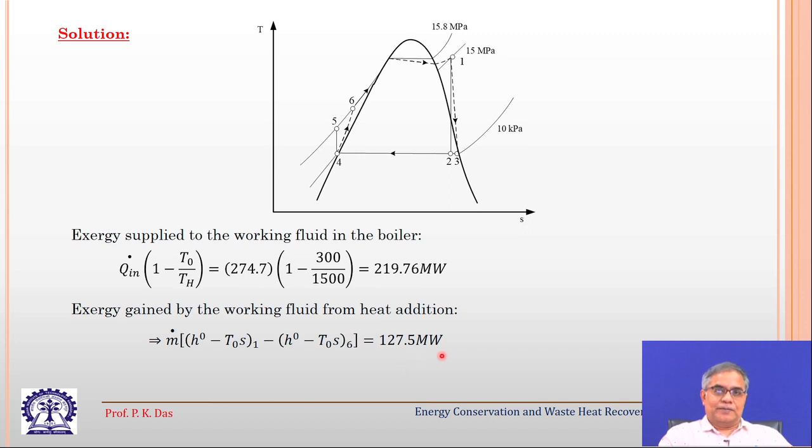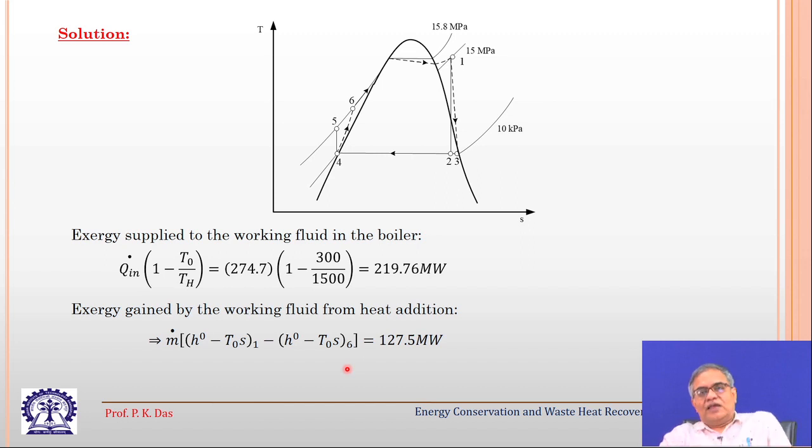127.5 megawatt. So the total exergy supplied to the working fluid is 219.76 megawatt, but the exergy absorbed by the fluid is 127.5 megawatt. We can see that a lot of exergy destruction is there.